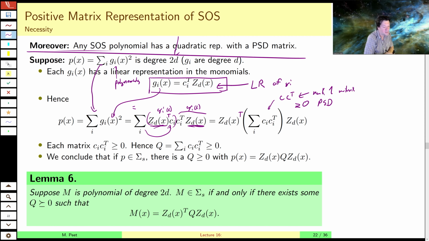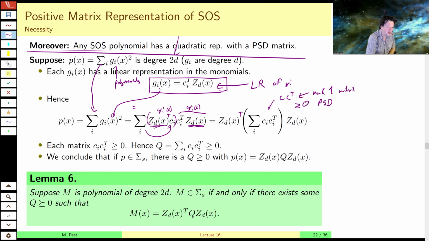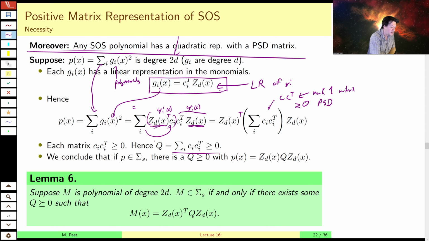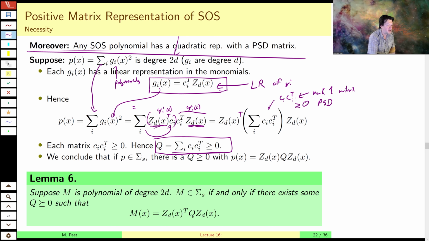Now we sum up a bunch of positive matrices, and of course we know that the sum of positive matrices is necessarily positive. And so if we take the sum of those CI transposes, then we get a positive matrix Q, positive semi-definite, where of course the more of these CIs we add, the higher the rank of Q.